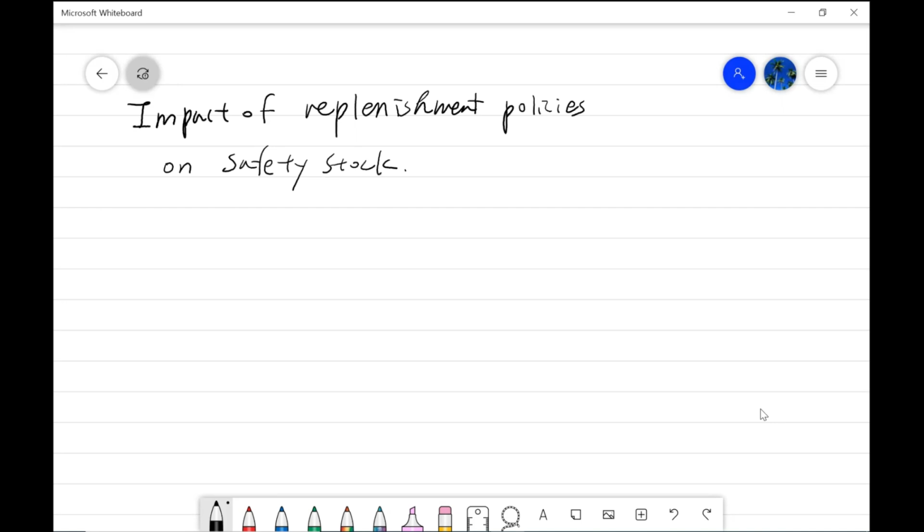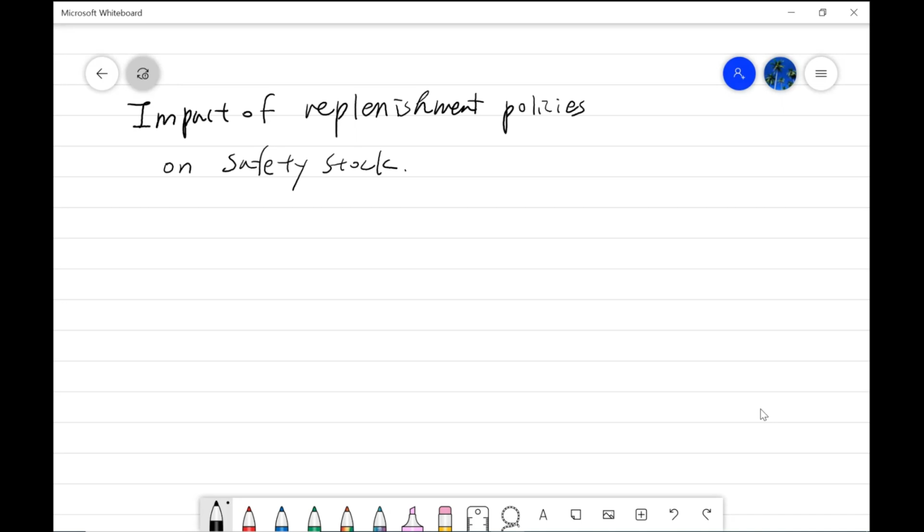So basically, this is about how to determine the safety stock under the replenishment policy, that is, either the continuous review system or the periodic review system.